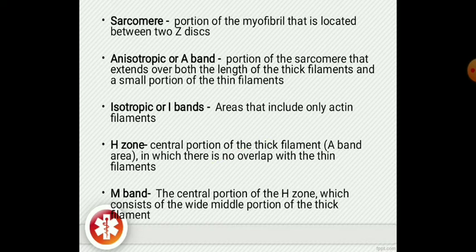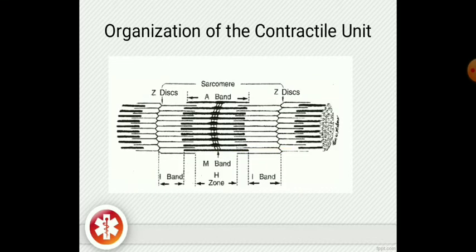Then the anisotropic or A band is a portion of the sarcomere that extends over the full length of the thick filament and a small portion of the thin filament. This is what is called the A band. This is the thick filament and this is the thin filament.